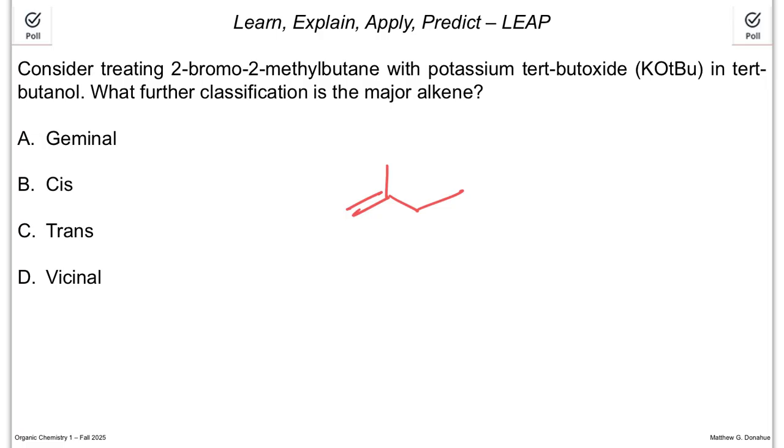The word means twins. Any guesses? So it's geminal. Together, 1, 2.